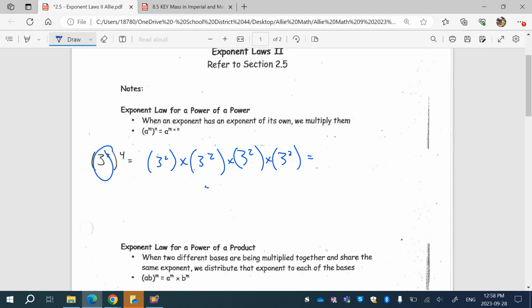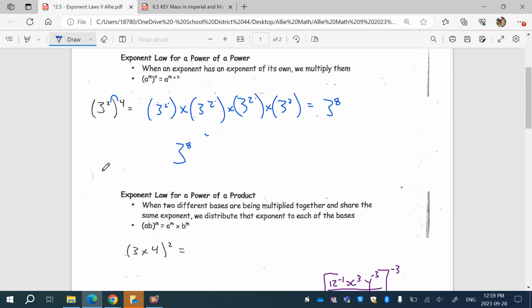And if you recall, if you have the same base being multiplied by each other, you can just add up these exponents. And so you get 3 to the power of 2 plus 2 plus 2 plus 2, power of 8, which is the same as if we had from the beginning just multiplied 4 by 2, we would have got 3 to the power of 8.